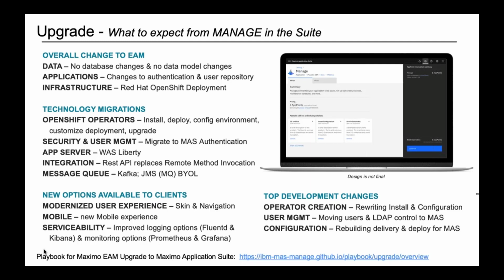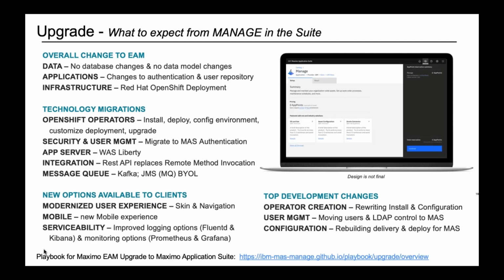And then, of course, from an infrastructure perspective, I talked about Red Hat OpenShift deployment. That is how you deploy the application suite moving forward, utilizing Red Hat OpenShift. So there is an infrastructure change with that.